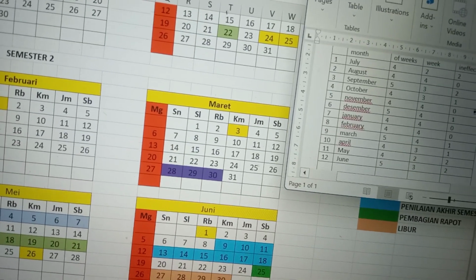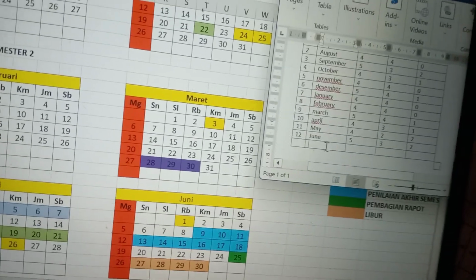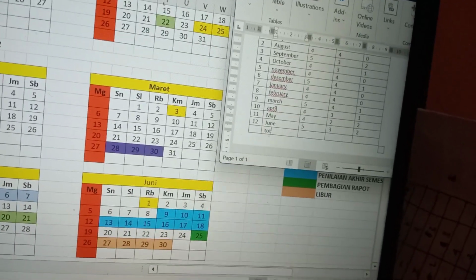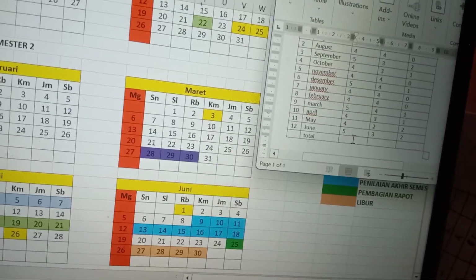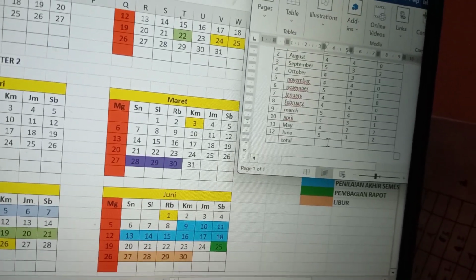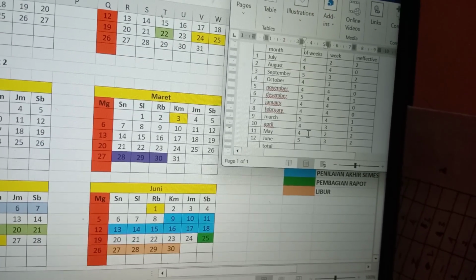Now let's count the total. The first is the total of the weeks.